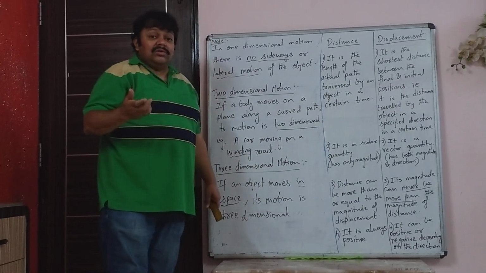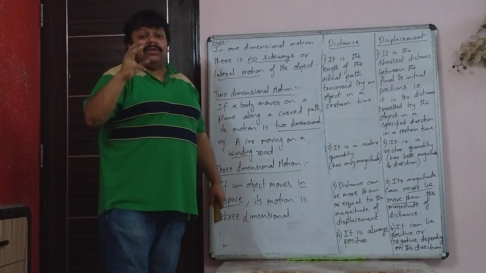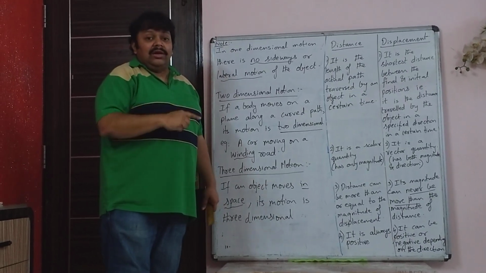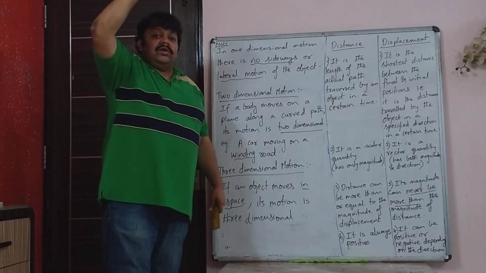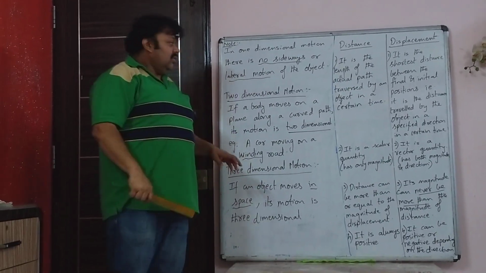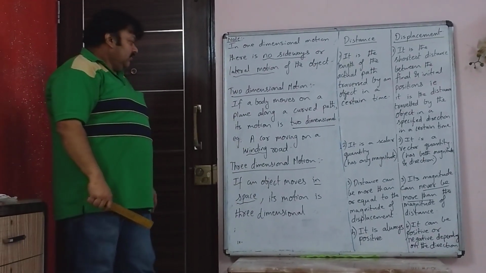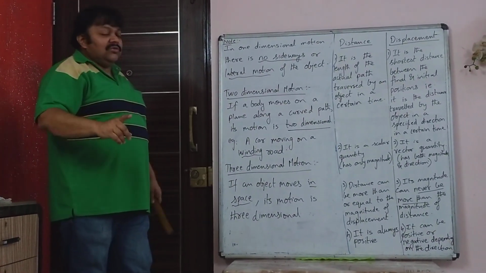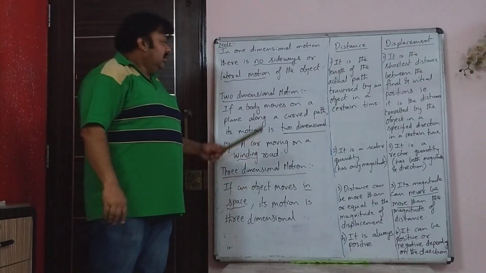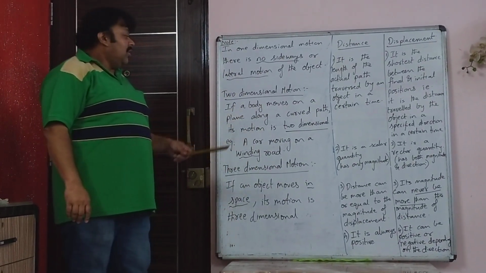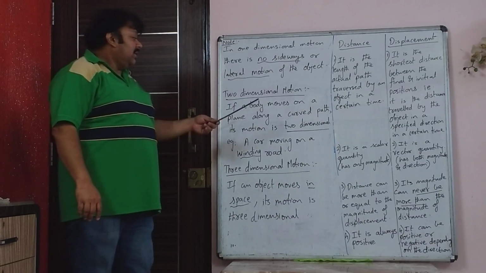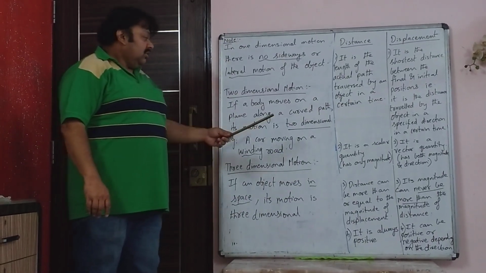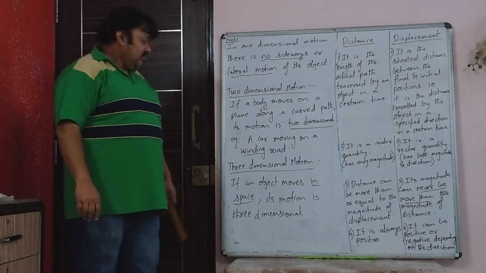So the coordinates of the plane will be three coordinates, x, y and z. Z is height. So that is three-dimensional motion. So you have one-dimensional motion in a straight line. Two-dimensional motion is if a body moves on a plane along a curved path.